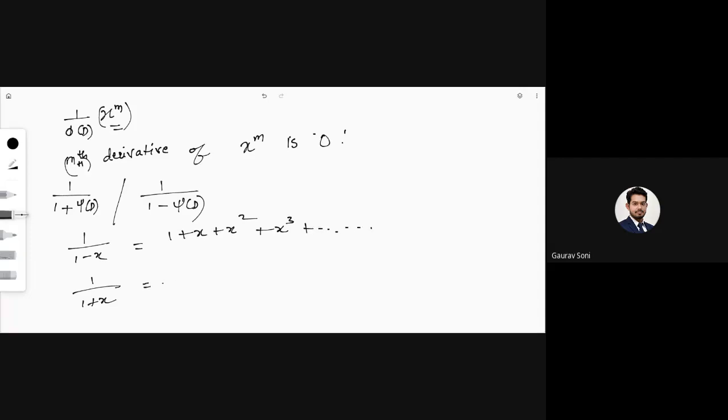And 1 upon 1 plus x is 1 minus x plus x square minus x cube and so on. So this type of series we have to use. And then how many terms should I take? Always up to whatever is the power of x. So if x raised to m is there, I will go up to x raised to m, because the next term will be 0.